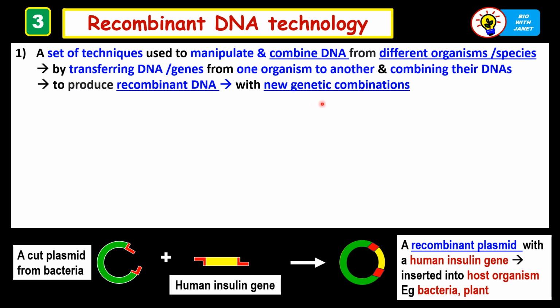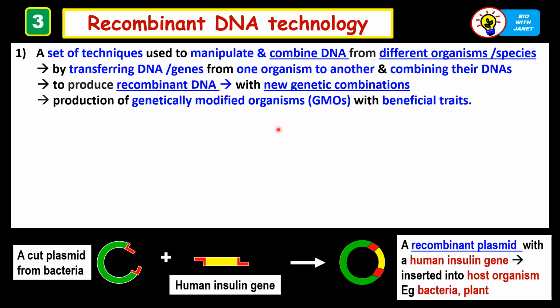So that's why it's called recombinant DNA, because the DNA strand that's produced consists of DNA from two different organisms. So it has new genetic combinations. And this will lead to the production of genetically modified organisms into which this recombinant DNA is inserted. Usually there's some beneficial trait that is produced by these organisms for the benefit of mankind.